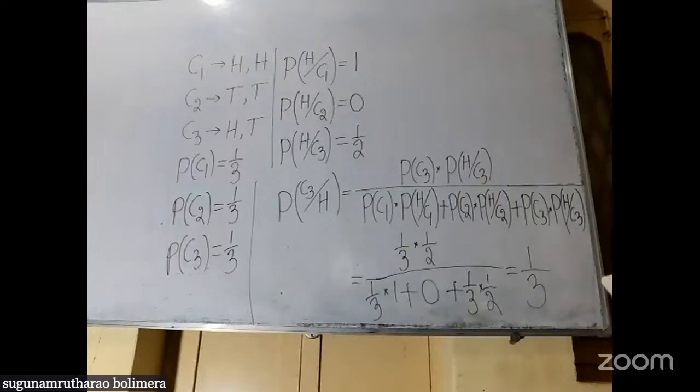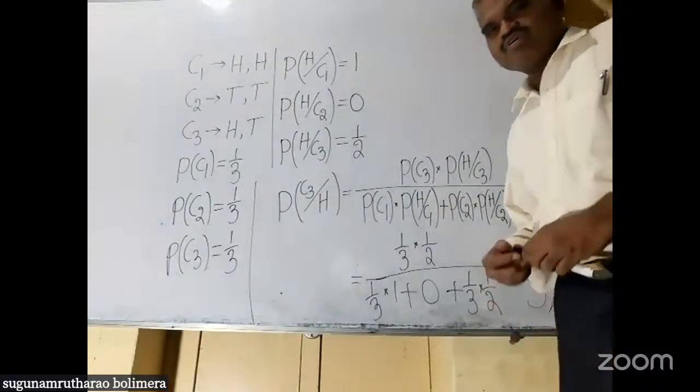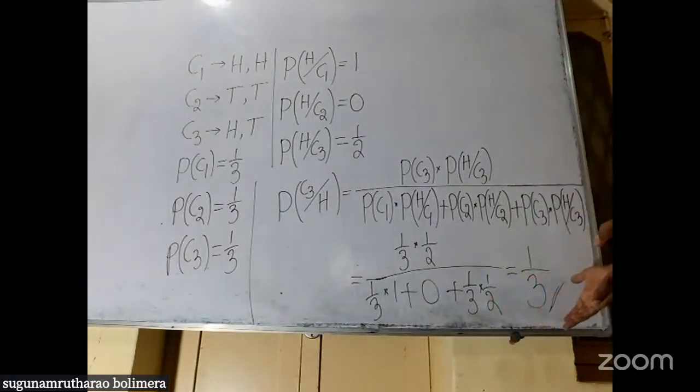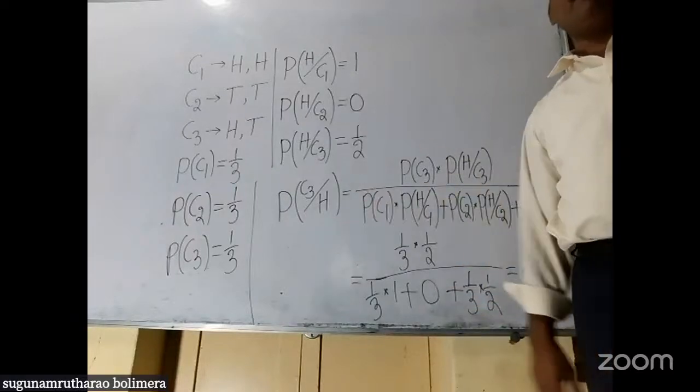Okay, so the answer is 1 by 3. Everybody got it? If the option 1 by 3 is given, then not 0.332.